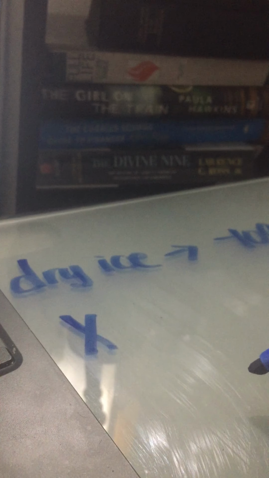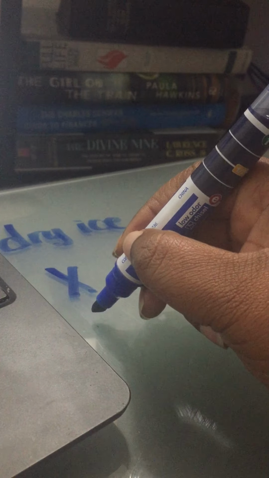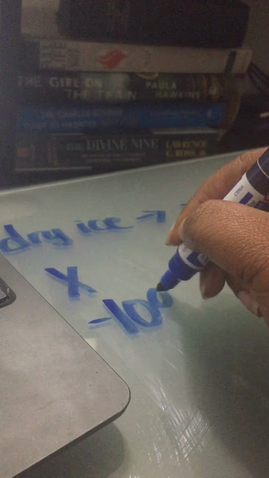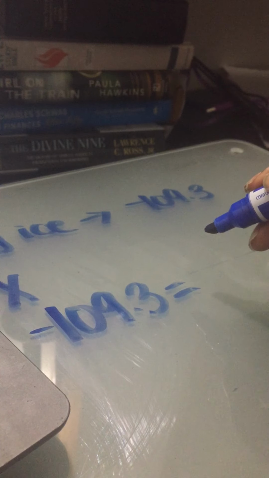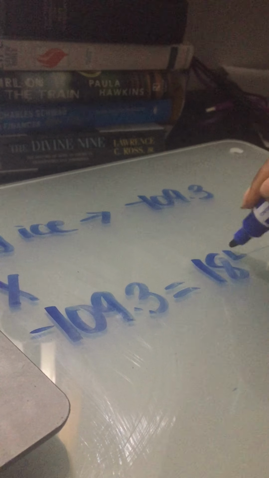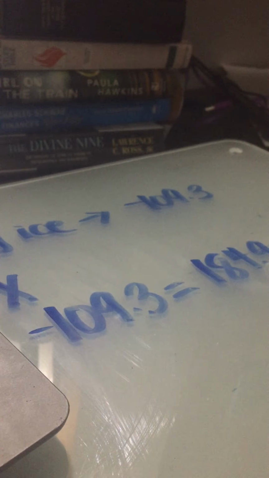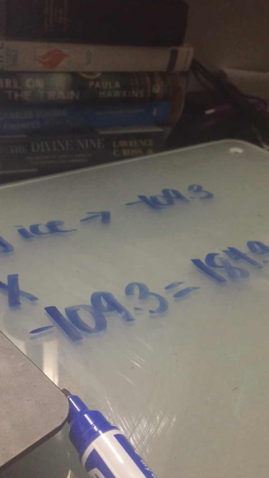Okay? So in terms of the dry ice, it is negative 109.3. And it is 184.9 degrees less than the temperature outside.